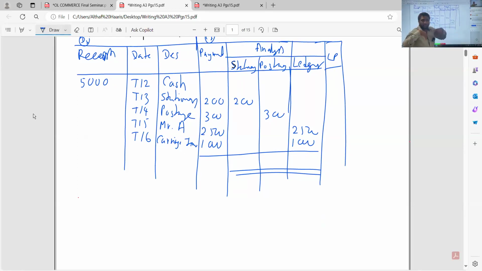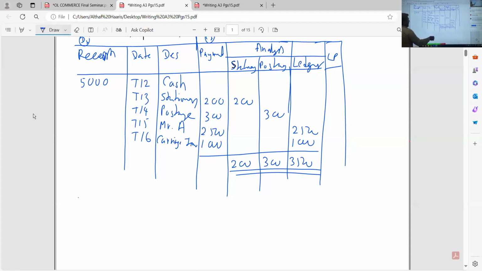You can prepare the formats as you need, but you will lose 1 to 1.5 marks for the formats from the complete paper. Maximum you can lose like 2 marks for complete formats in your exam if you didn't use the proper format. That's it. For the other workings, they will give marks. Don't worry about that. So here 200, here 300, here 3,500.